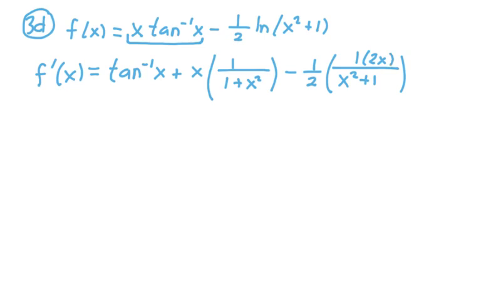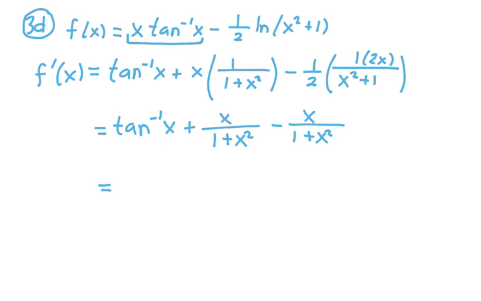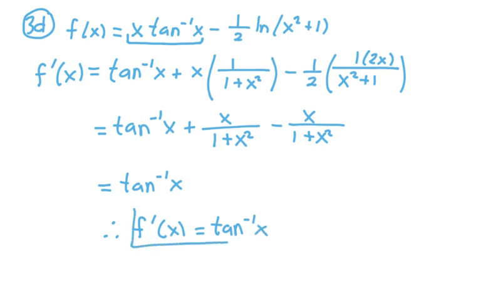The derivative of x squared is 2x, right? And so this is arctangent x plus x over (1 plus x squared) minus x over (1 plus x squared), which is equal to arctangent x. So therefore, f prime of x is arctangent x. And that's how you do 3d.